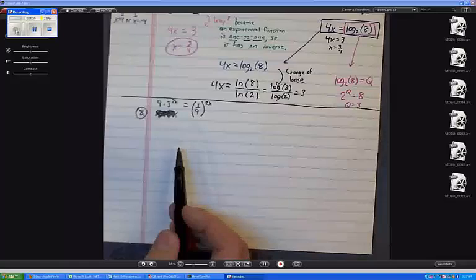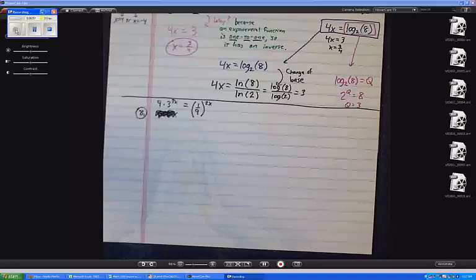And then we might be able to deal with it a little bit. I'd like you to discuss what you think we should try to make our base. The choices I hear people say are 9 or 3. I think I would lean towards 3, and let me show you why. Because if I have 9, how can I write it in terms of 3? It's 3 times 3, or it's 3 squared, right?